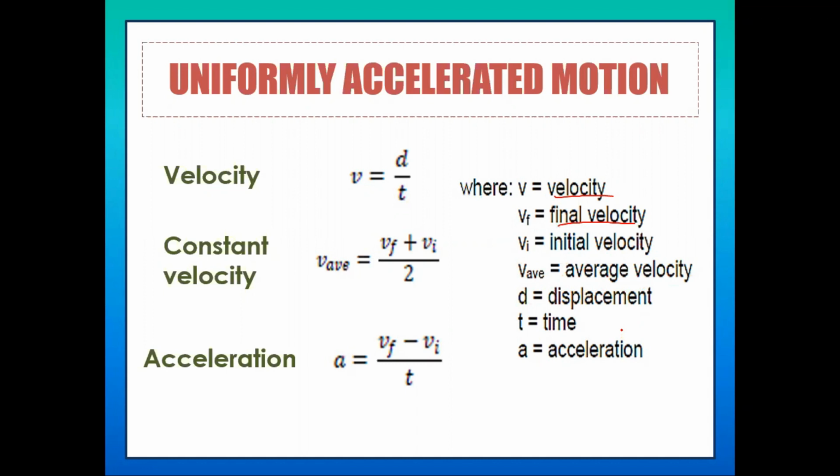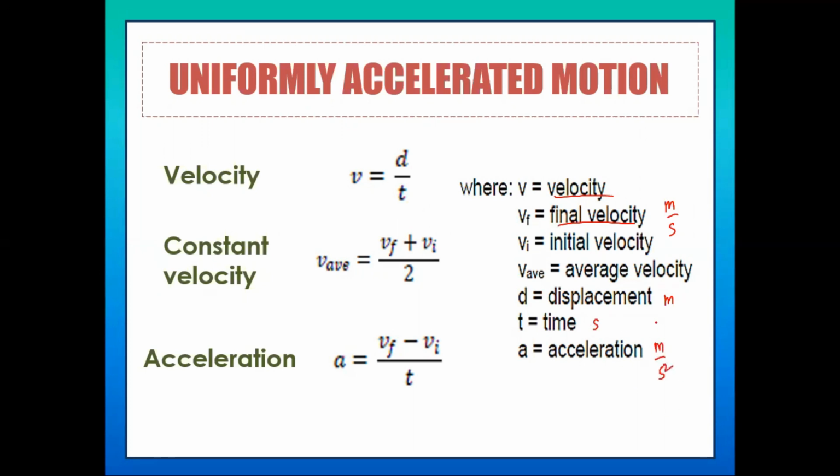So just to review, class, the unit for velocity is always meter per second. Okay, for displacement, meter, that is the standard unit. It could again change into kilometer, okay, as long as it refers to length. But again, you have to convert that into its standard unit through the use of this dimensional analysis. So time, seconds. That can still change depending on the given problem. It could be hour or minutes, but still you have to change it into its standard unit, which is seconds or second. Now, acceleration, meter per second squared.